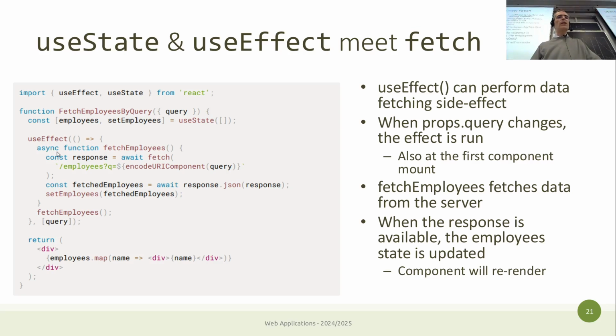So this async function fetch employee, await fetch, etc., and it does set employees. At the end, after the await, it will set the value returned by the response of the fetch. And the rest happens automatically, because when you set the state, the changed state will trigger a React re-render.